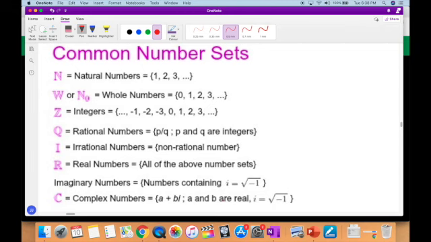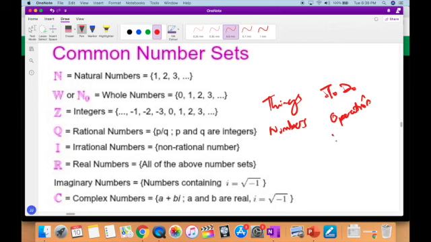Yeah? Because you know maths is a couple of things, right? What did I say maths is? We have things, which are numbers, and then we have what to do with those things, and those are operations.